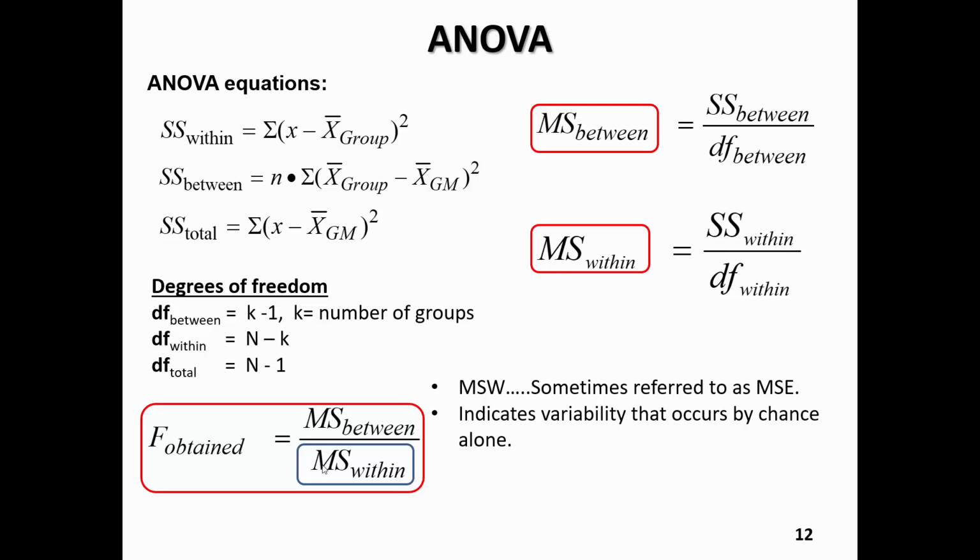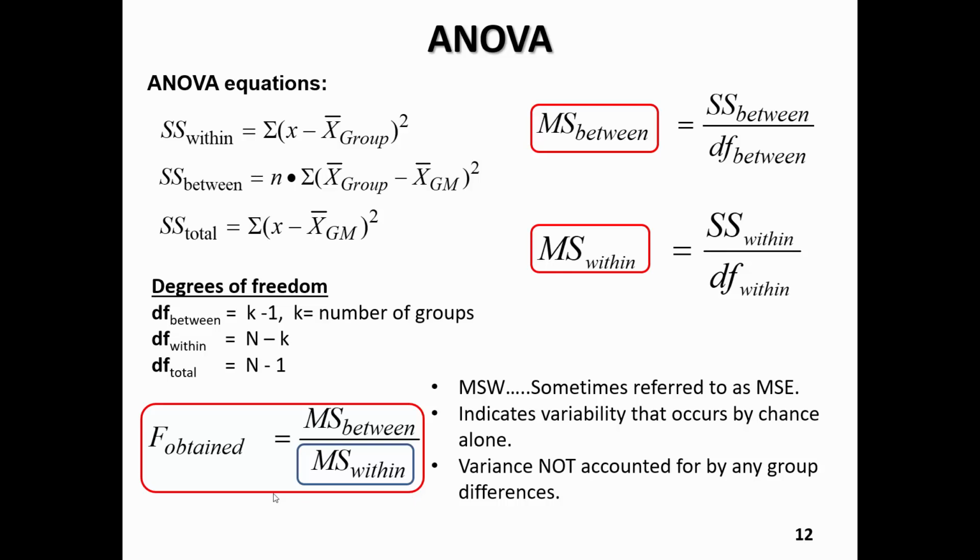So the variance within is not determined by any systematic difference that's inherent to each group. That is captured by the mean square between. So the denominator term here, the mean square within, is that variance not accounted for by any unique group differences.